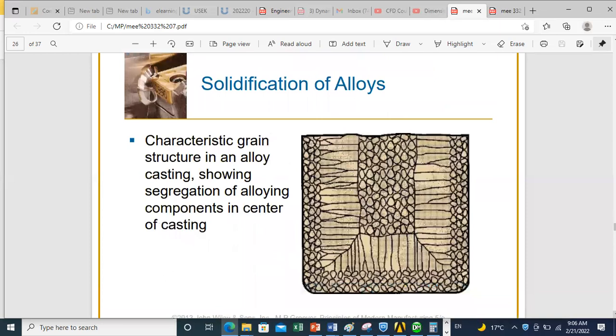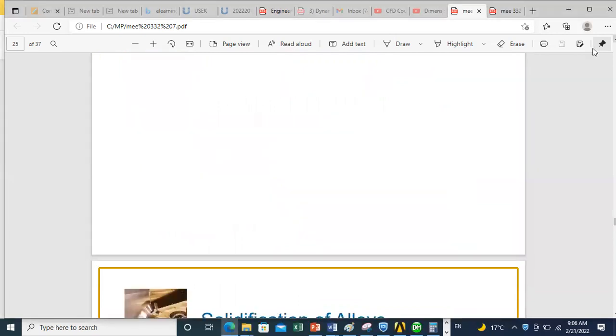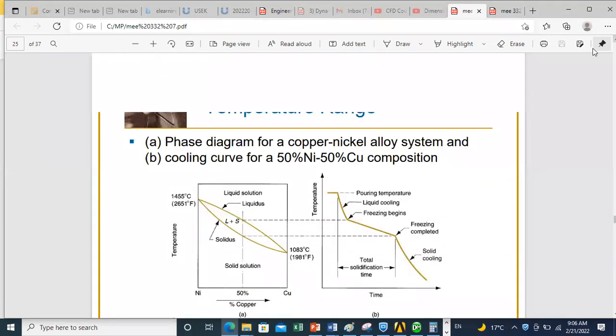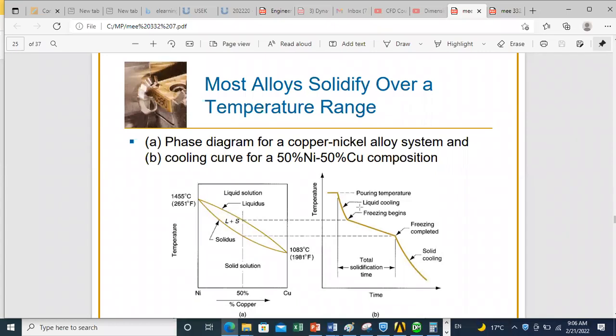Now, we have already seen the solidification behavior of a pure metal. The slope is lower during the change of phase. If you look at the slope variation, during liquid cooling you can detect high slopes of decrease of temperature.